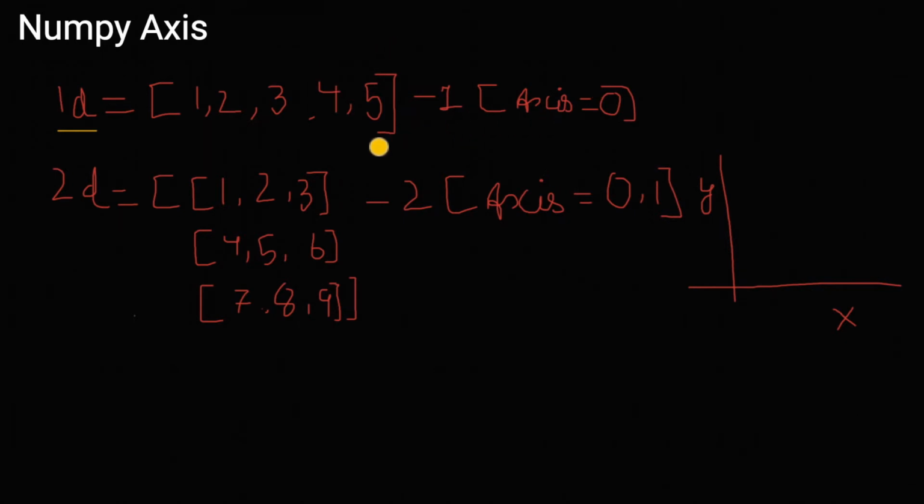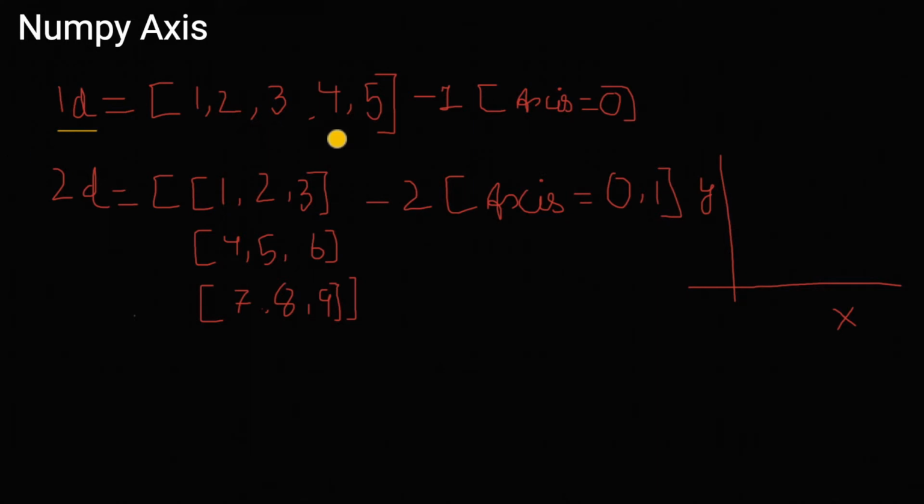Now if I want to represent this data in a bar graph, I need to use just the x-axis because there is just one dimension here. If there is just one dimension, representing the data in one axis will be enough. Just the x-axis will be enough.